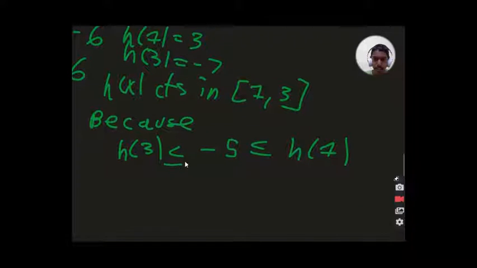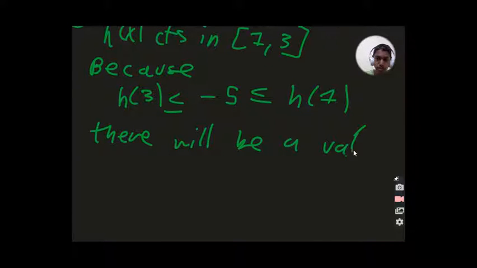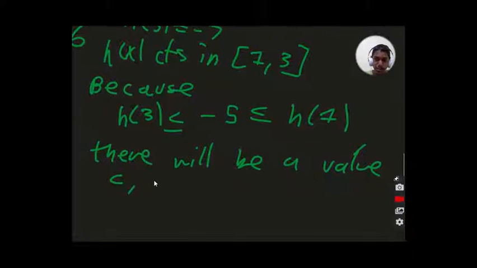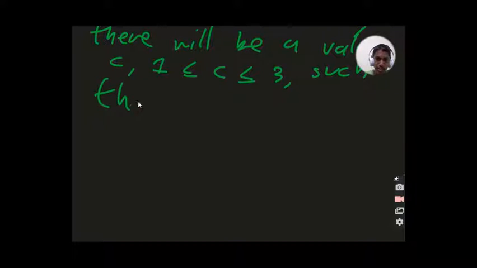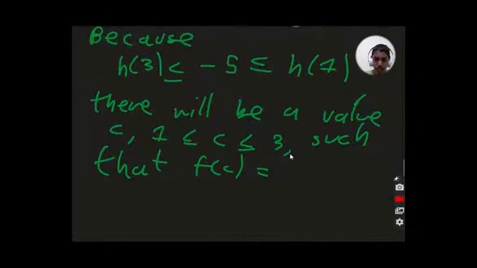So because this is the case, there will be a value, maybe we'll call it C, and then C has to be in between 1 and 3, such that, right, f of C equals minus 5 by IVT, or intermediate value theorem.